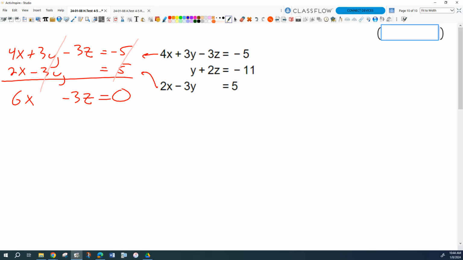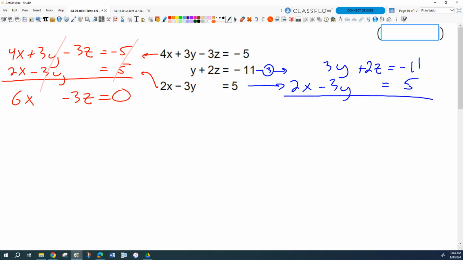So again, we could pick the bottom two. We could just multiply this one by 3 and leave that one alone. If I multiply by 3, I get positive 3y plus 2z equals negative 11. Oh, you're right, I forgot to multiply, didn't I?